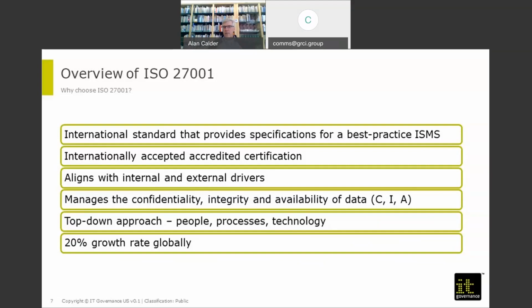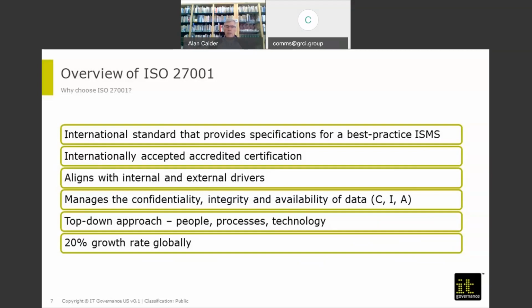And confidentiality, integrity, and availability are at the root of just about every single piece of legislation dealing with security, which is one of the reasons why ISO 27001 is a very effective mechanism for demonstrating compliance with legislation on an international basis.